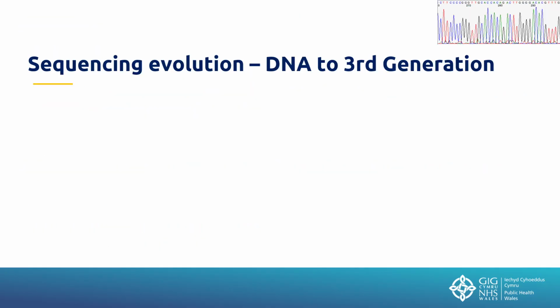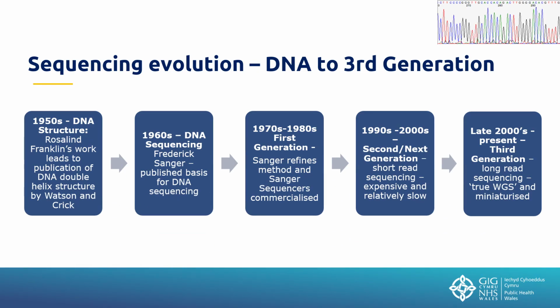Sequencing has evolved hugely over the last 50-60 years, starting way back in the 1950s when DNA structure was first understood following the work of Rosalind Franklin and then the publication of the DNA double helix by Watson and Crick. And then a decade later, the basis of sequencing DNA was published by Frederick Sanger.